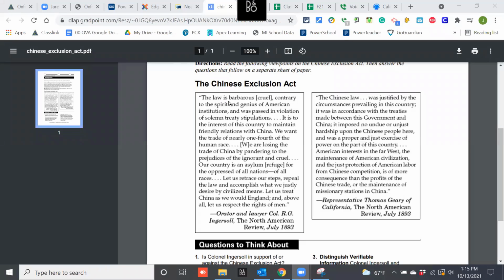The law is barbarous, contrary to the spirit and genius of American institutions, and was passed in violation of solemn treaty stipulations. It is to the interest of this country to maintain friendly relations with China.